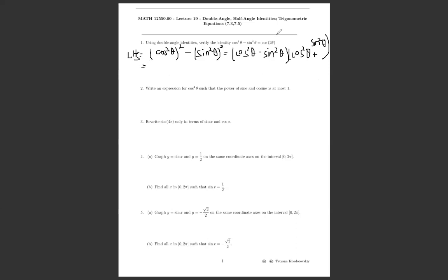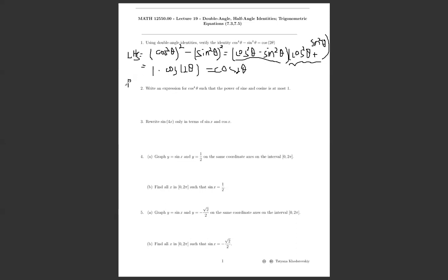Then for this part, cosine square plus sine square, that's Pythagorean's identity, which is equal to 1. And for this part, that is the formula for double angle on cosine. So this is cosine of the double angle 2 theta. So 1 times cosine 2 theta is cosine of 2 theta.